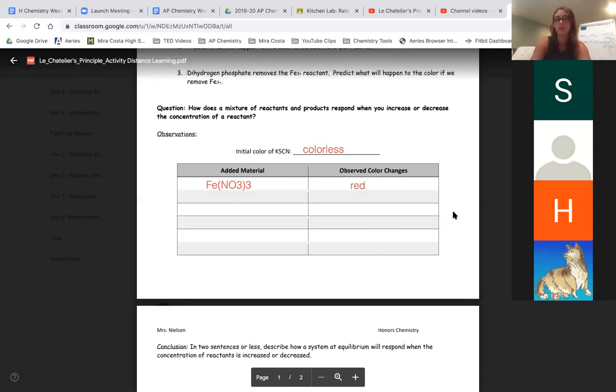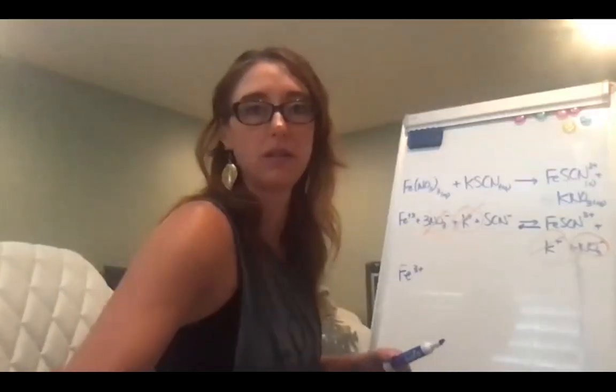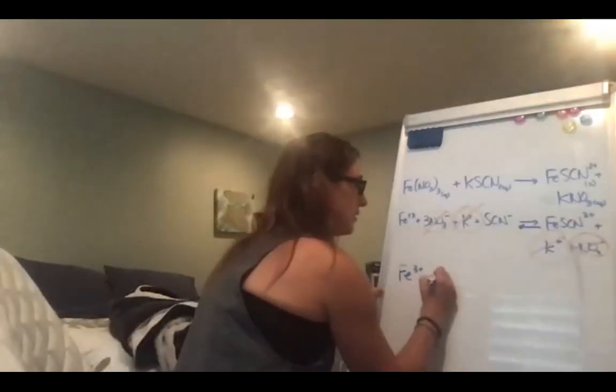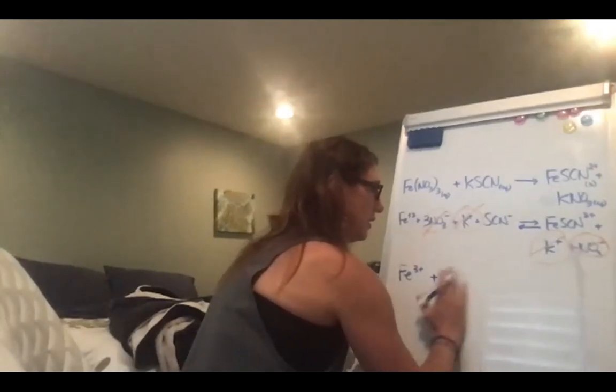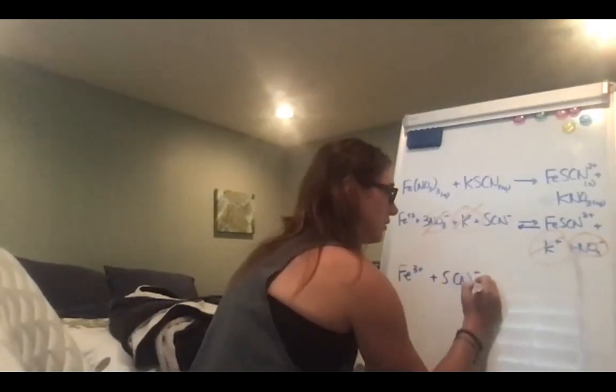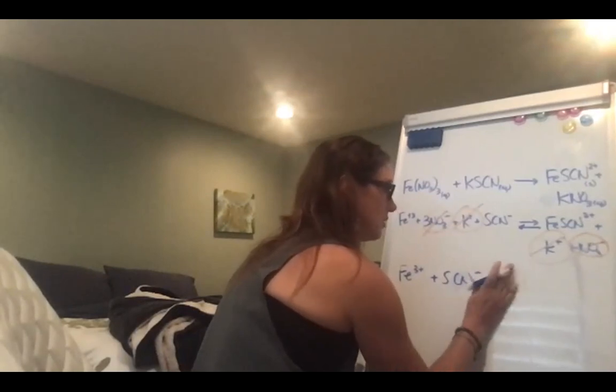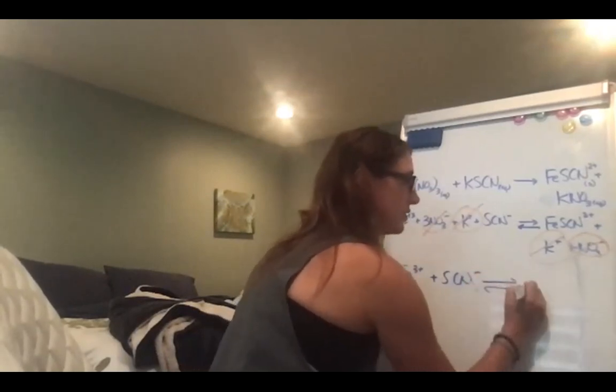So in other words, if we look back up at our reaction here, if I added more of my reactant, I got more of the color of the product. Let me write this down another way. So the iron, the thiocyanate, and then we had iron thiocyanate.